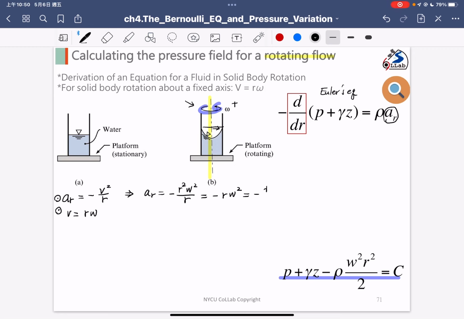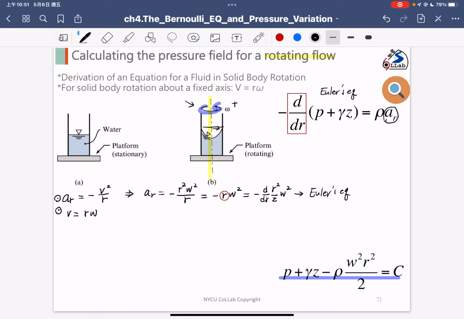And here we have d/dr of (r squared omega squared over 2), because we do the integration for the r parameter here. So we need to have the d/dr operator in the acceleration.